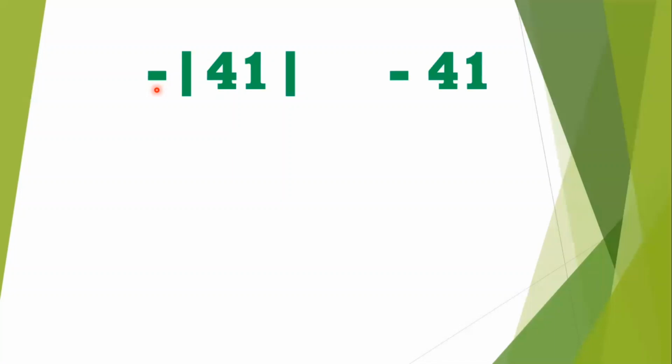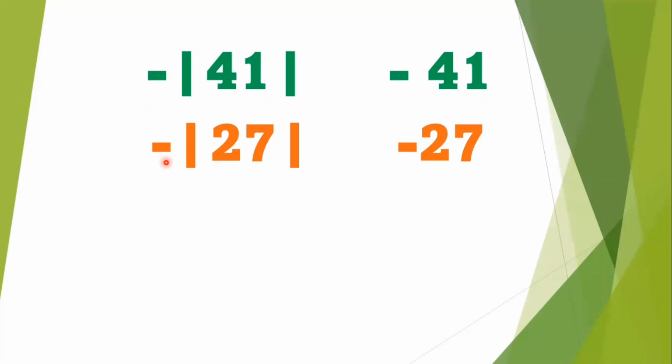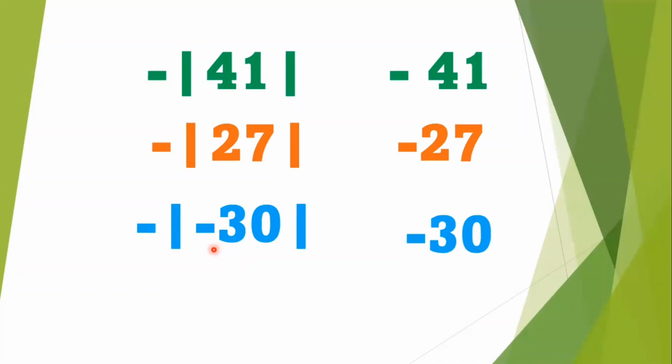Next, how about we have the negative absolute value of 27? That is negative 27. And the last one, we have the negative absolute value of negative 30. Ano kayang magiging sagot dito? The answer is negative 30 pa rin.